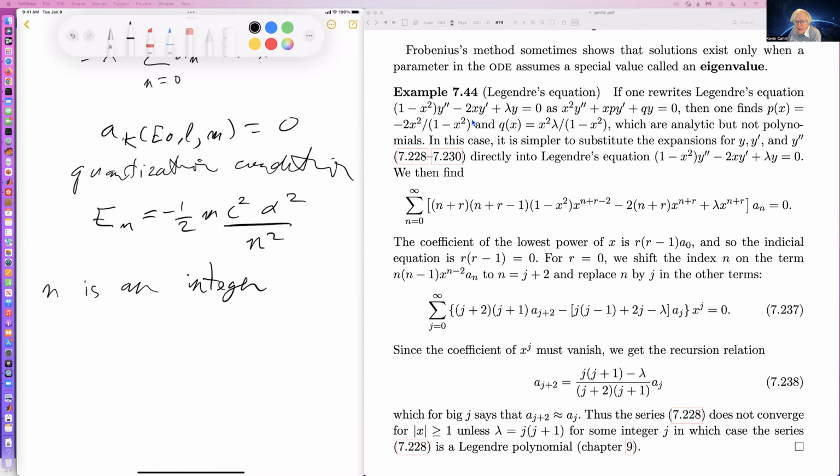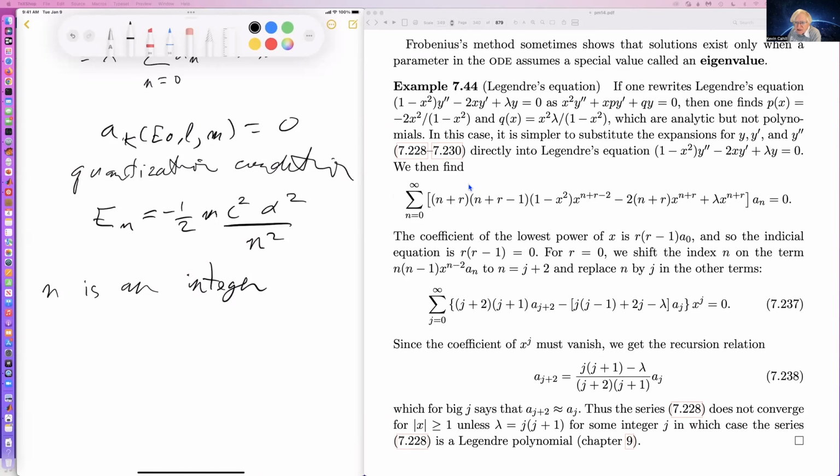That's by writing this equation this way.